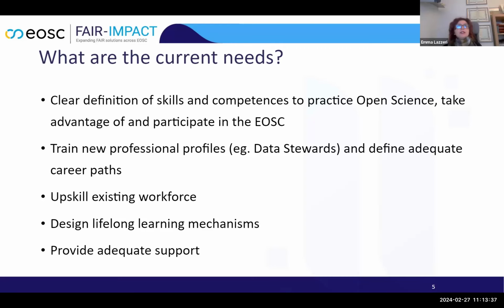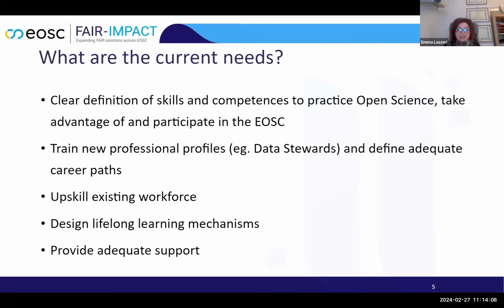Not only this, but speaking about the existing workforce, this needs to be upskilled in order to effectively implement open science in their workflow. And there is the need to design lifelong learning mechanisms, because it is not sufficient just to train people at a certain point in their career, but of course we are living in a world where the technology developments are very quick.